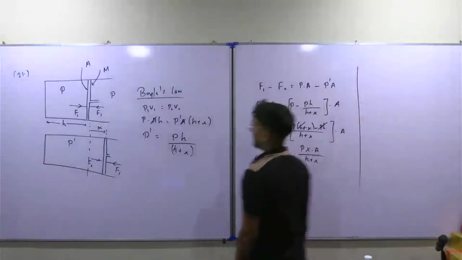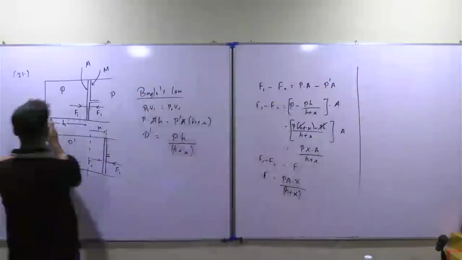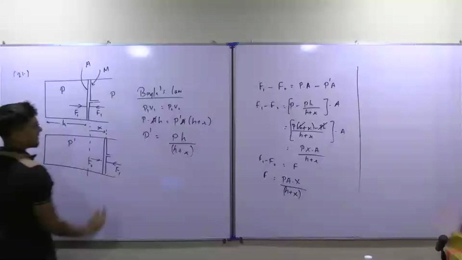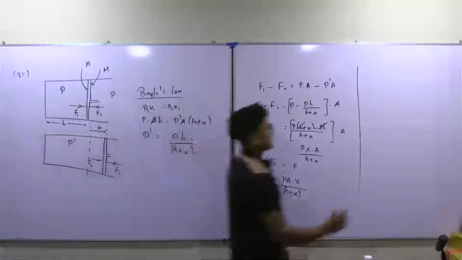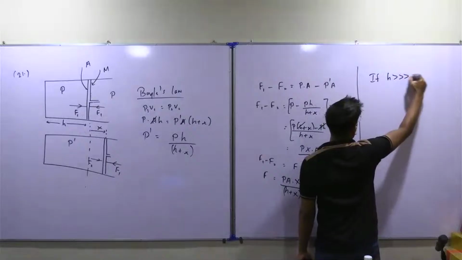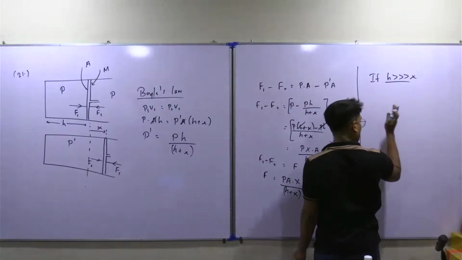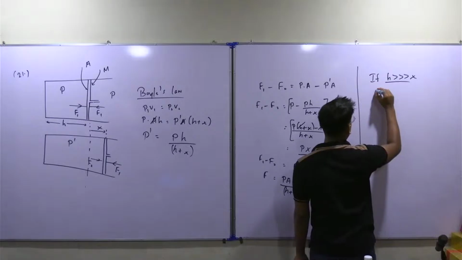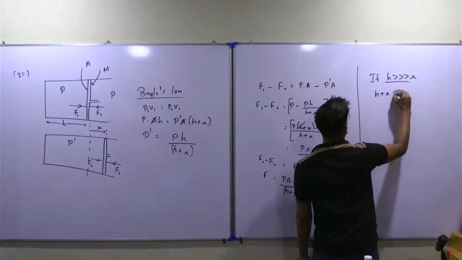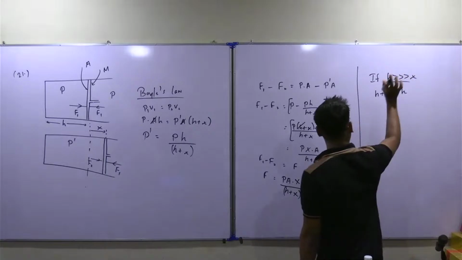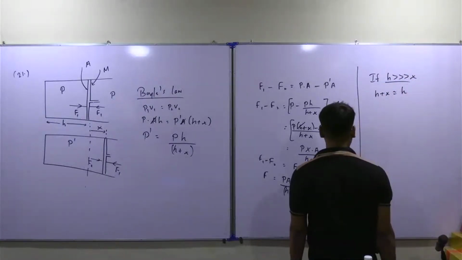We can assume the initial length of the air column H is very much greater than X, or the displaced length is very small from the equilibrium position. You can say that H plus X is approximately equal to H. If X is negligible, you can neglect that.